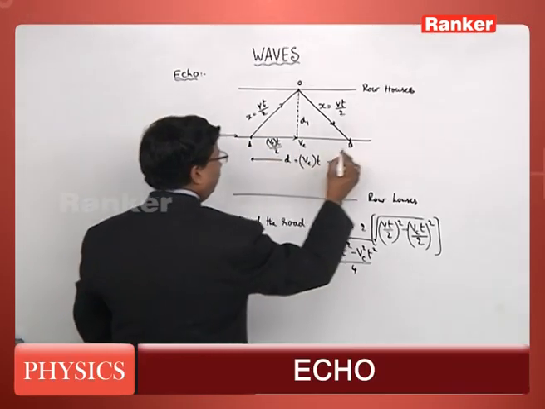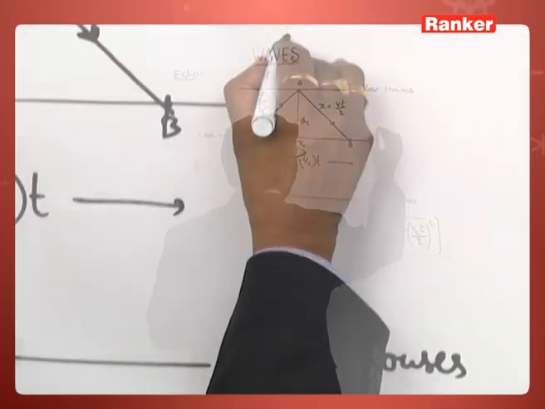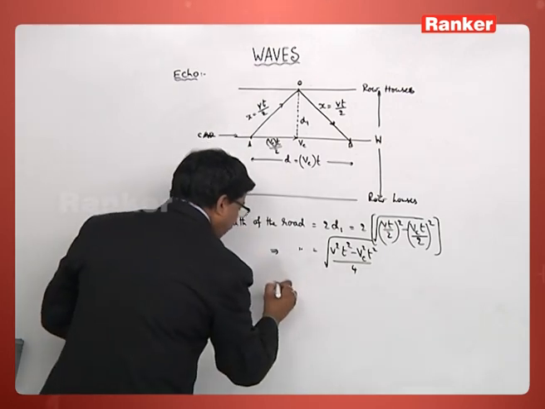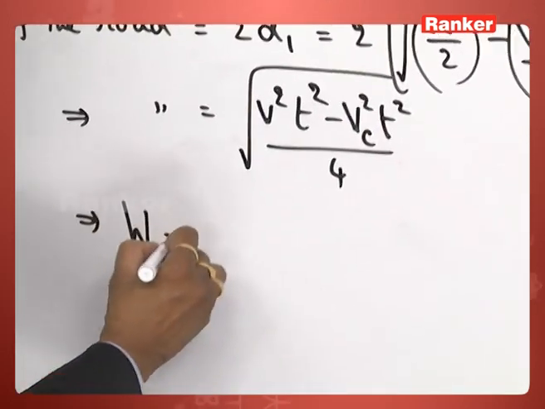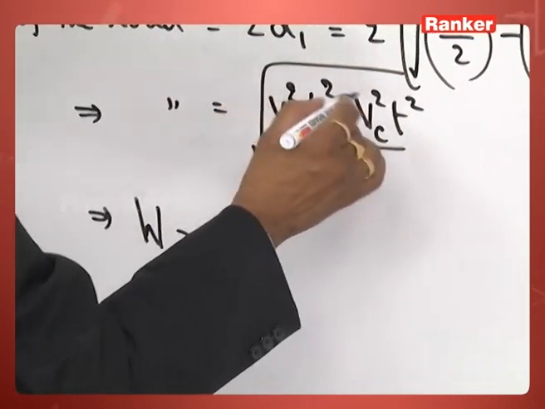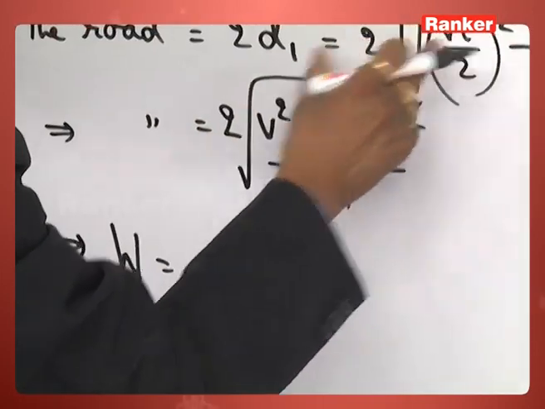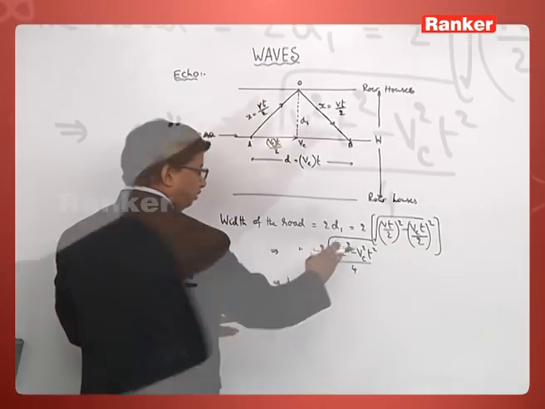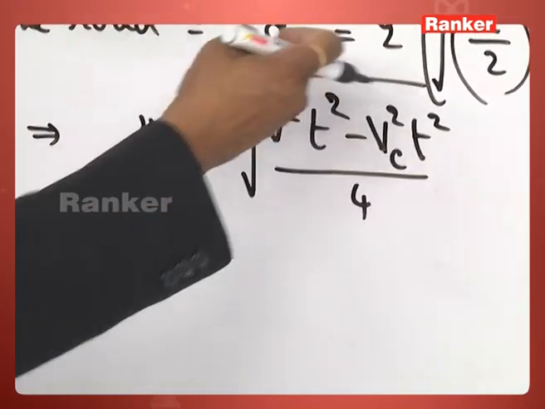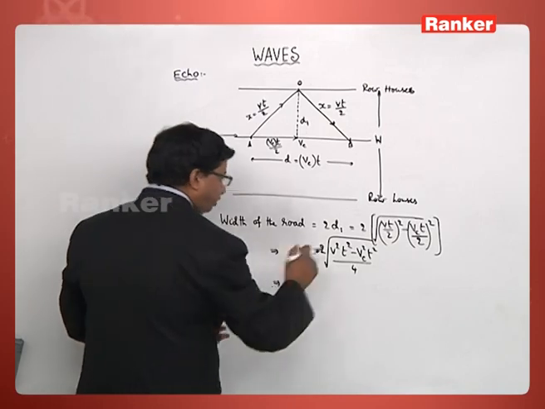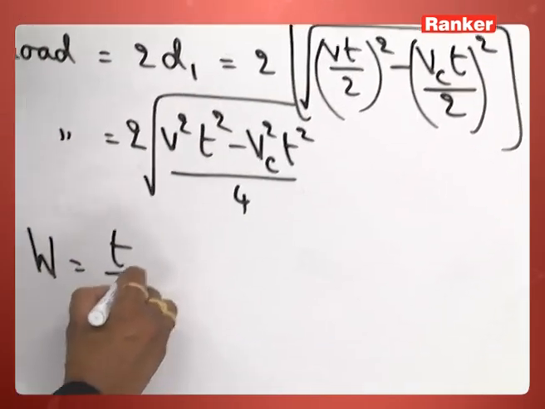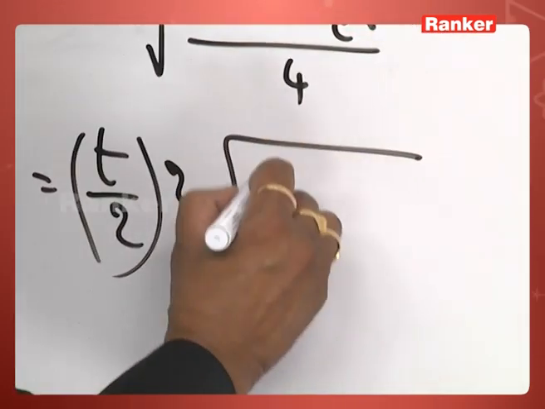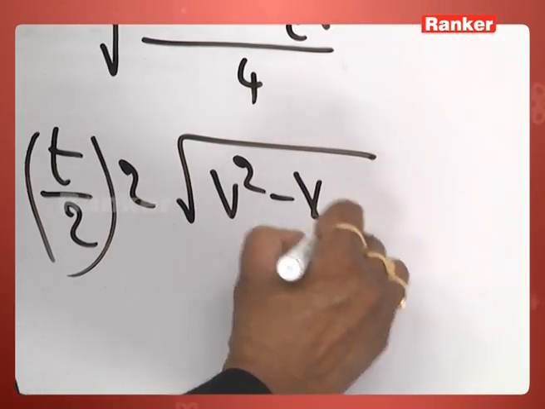So when I take the total width of the road as W in this case, this implies W is equal to, I directly can take this into 2. Now T square by 4, I can take common, and if I bring it out of the root, that becomes T by 2 into 2 root V square minus Vc square.